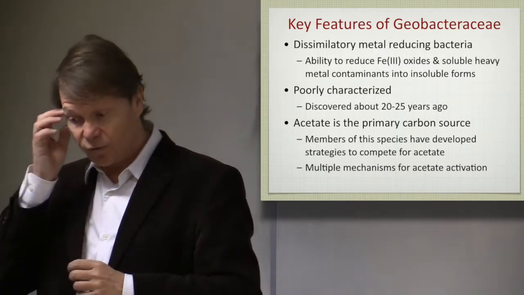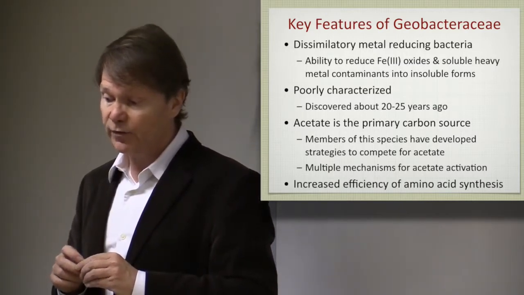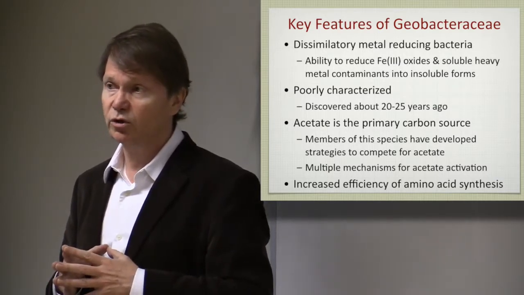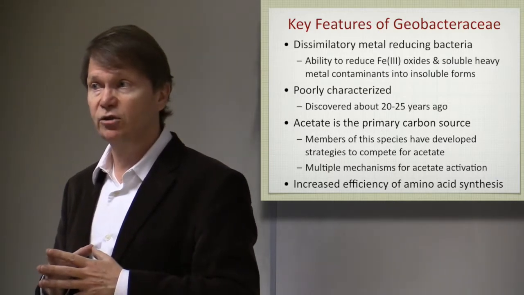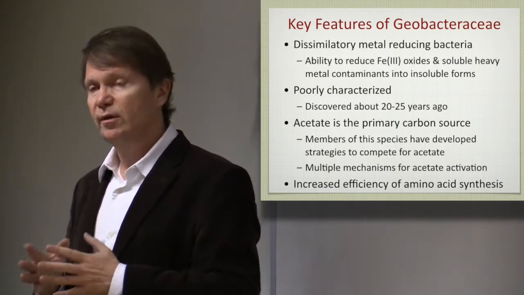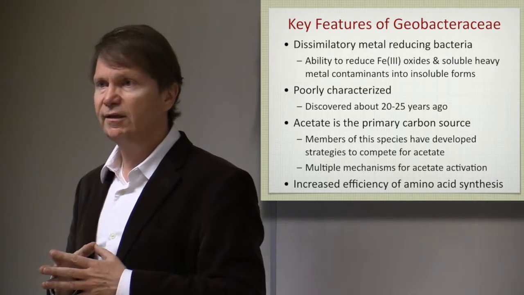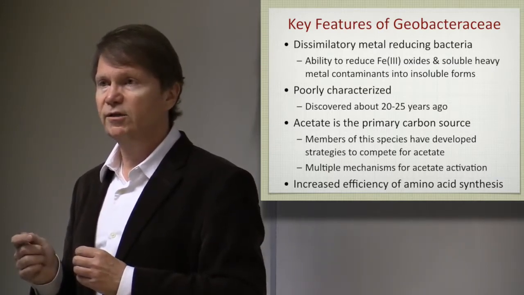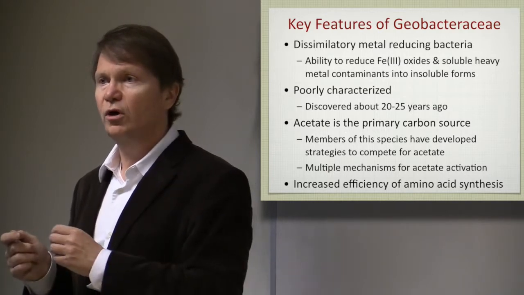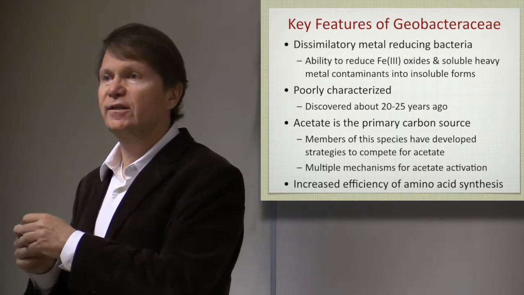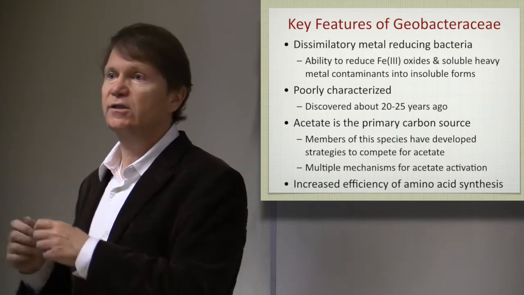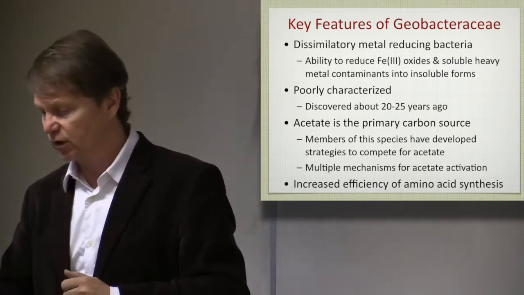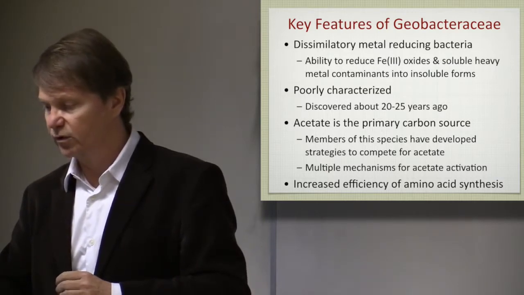Needless to say, therefore, a lot of the discovery of metabolic capabilities here was focused on specialization to use acetate as a substrate. So it's not just import and assimilation of acetate, but it was also discovered that Geobacter has more efficient metabolic routes from acetate or acetyl-CoA to amino acids than you find in other organisms, which makes perfect sense based on the physiological niche or function of this organism.